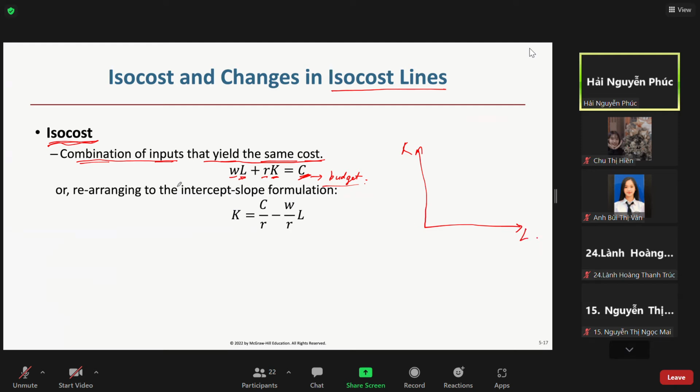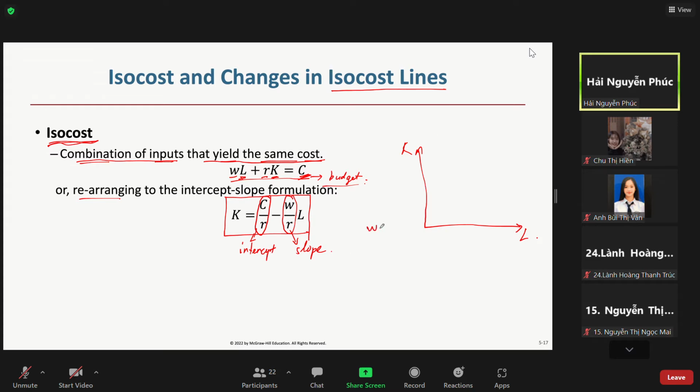So we need to rearrange this equation, and we get this one: K is equal to C divided by R, minus W divided by R times L. Here, C divided by R is the intercept, and minus W divided by R is the slope of the isocost line.